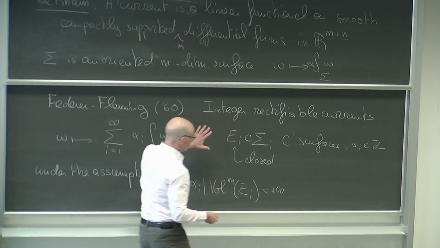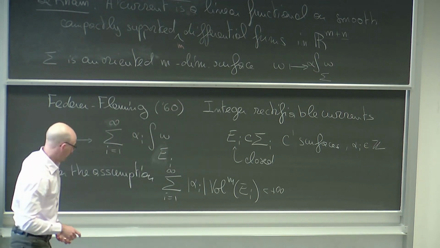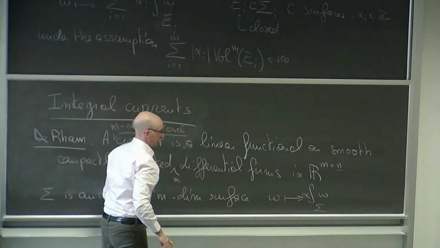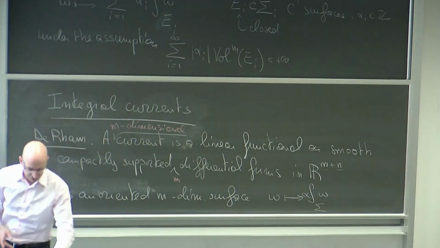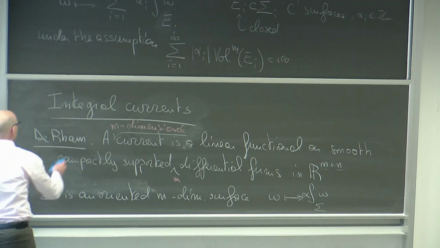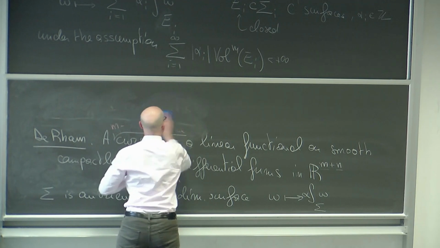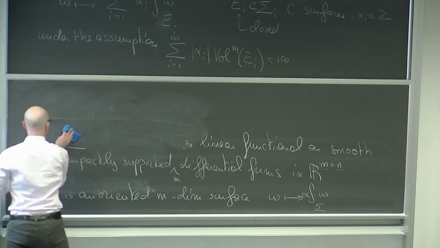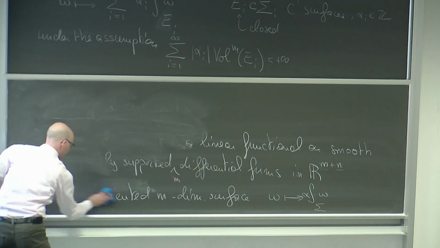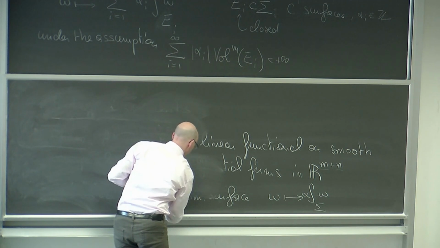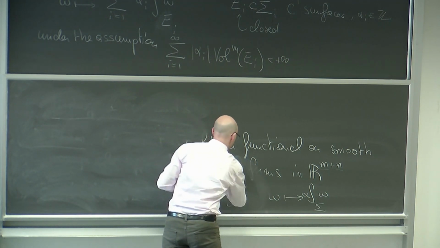Very well, so why is all of this interesting? Well, all of this is interesting because you can actually do two things which are interesting for variational purposes. And this is part of the Federer and Fleming theory. So you can solve the oriented Plateau problem in Euclidean space, for instance.